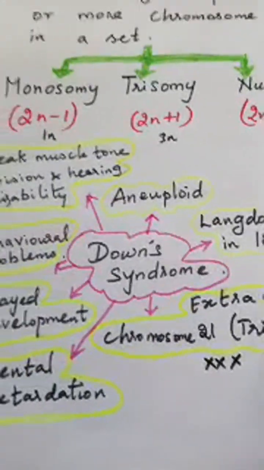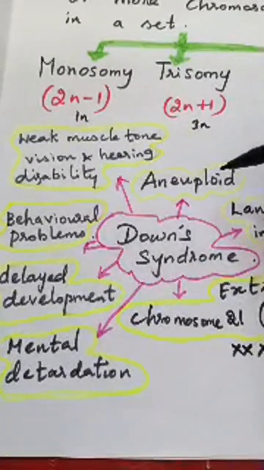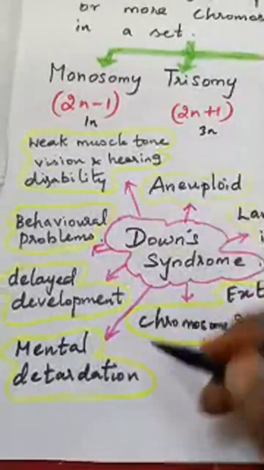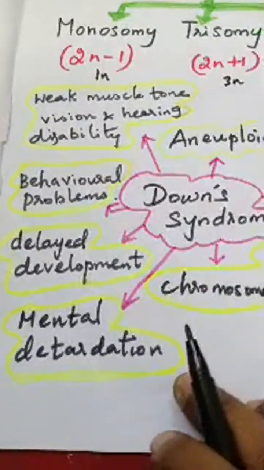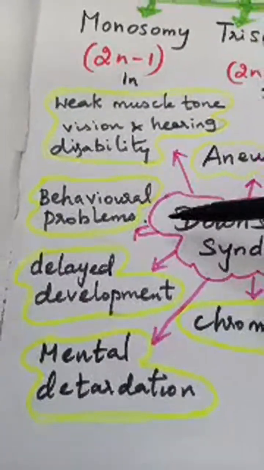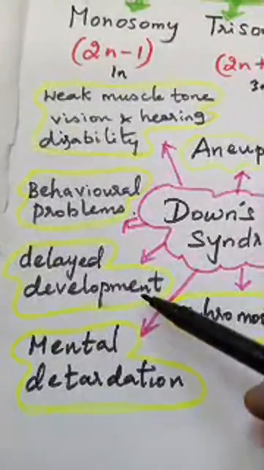In Down syndrome, which is aneuploidy, the individual will be mentally retarded, and their development will be very delayed.